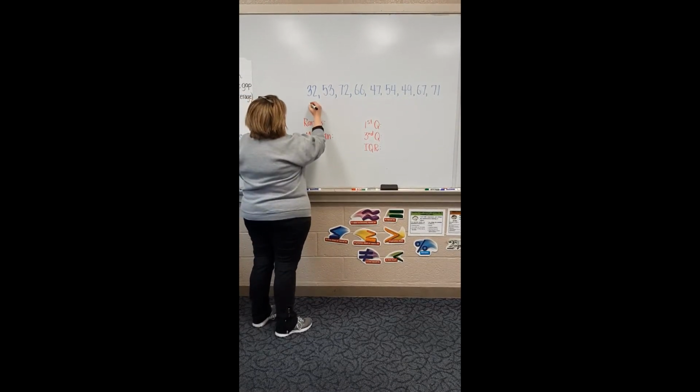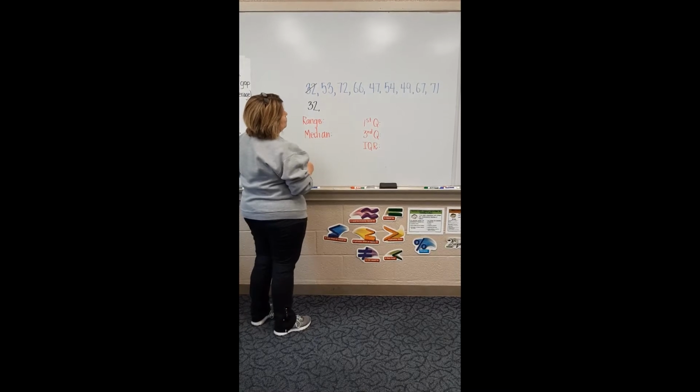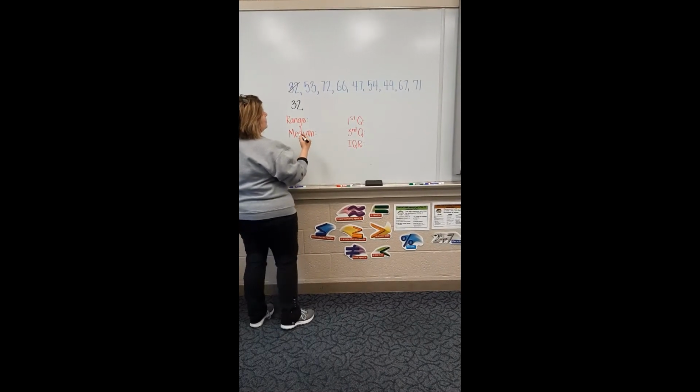We have 32 is first, and what I do when I'm putting numbers in order is I cross them off so that I don't miss a number, because I might make a mistake otherwise.